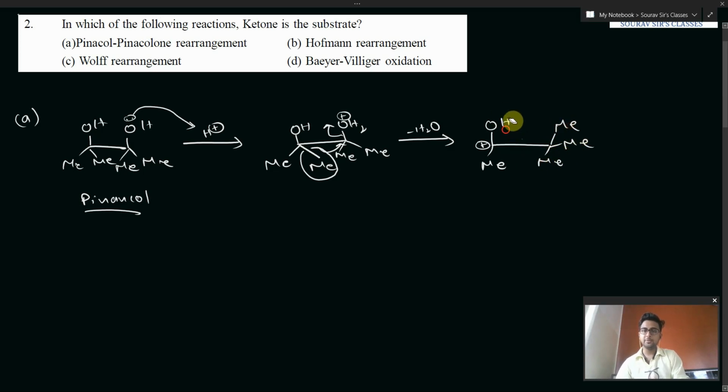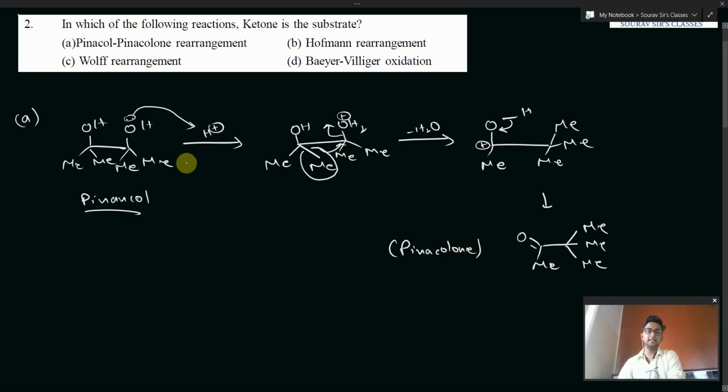Now, as the H plus is taken into the system as a catalyst, it needs to be removed from the system. So this H will leave as H plus, giving its lone pair to the oxygen, and then a double bond will be formed over here. The compound that will be formed is C double bond O, Me, and Me, Me, Me. This compound is named pinacolone.